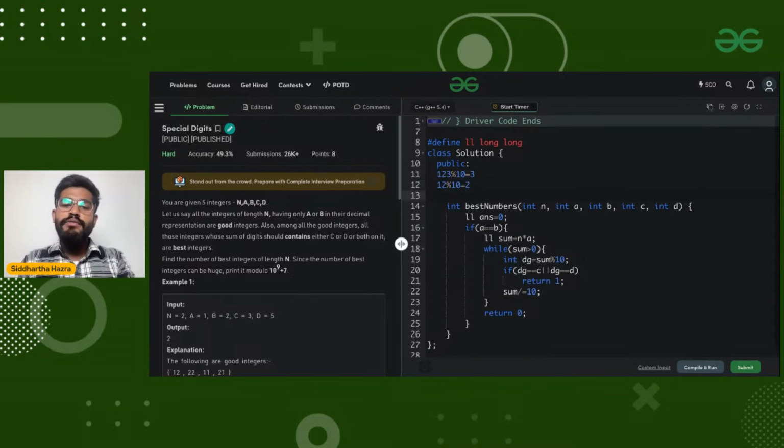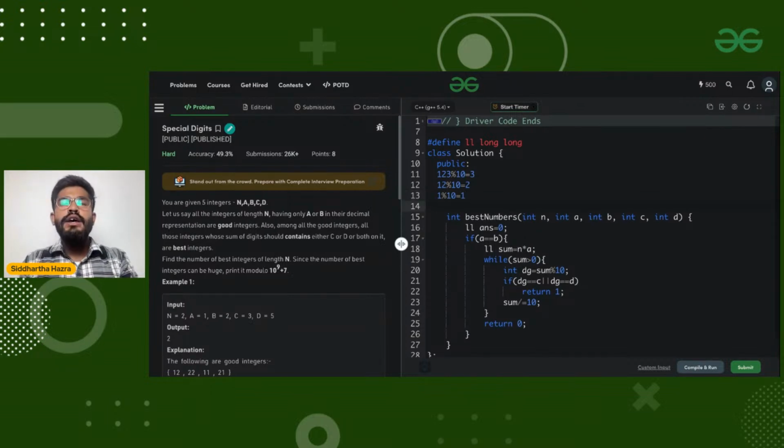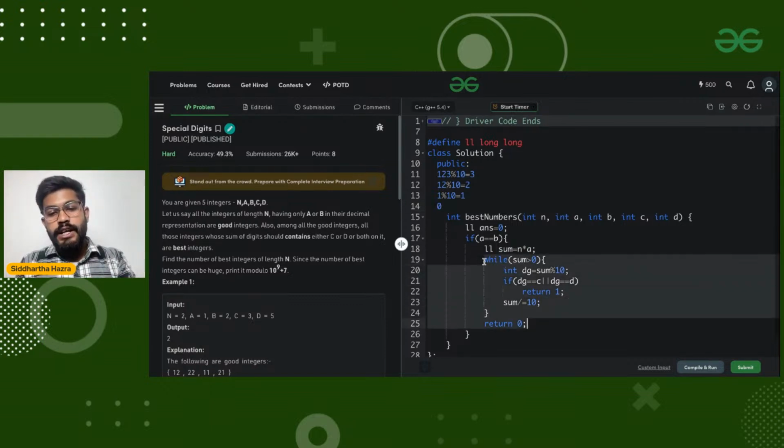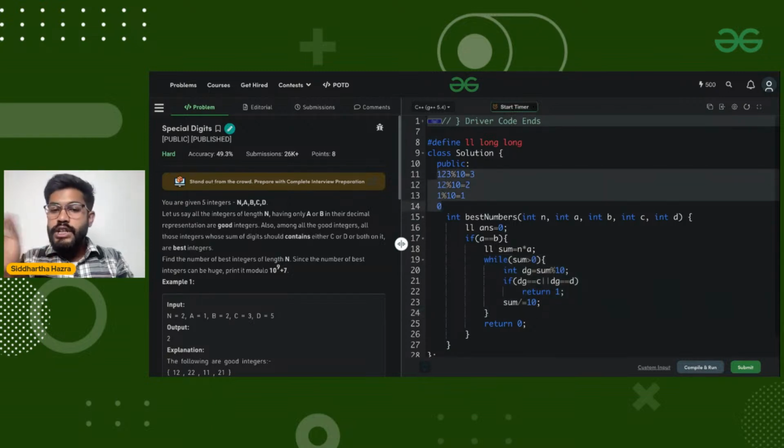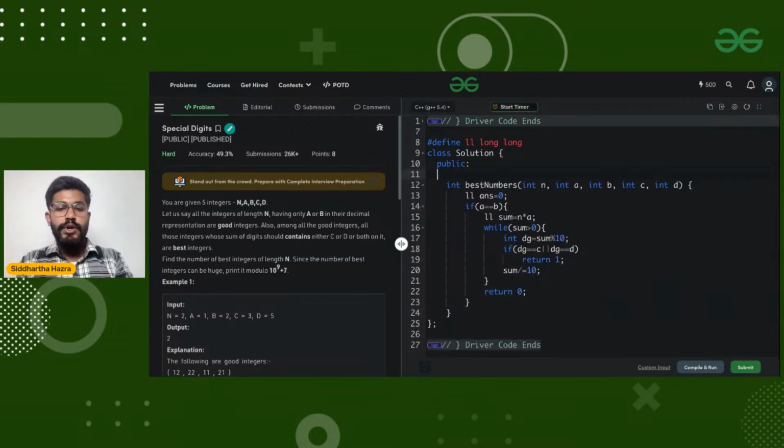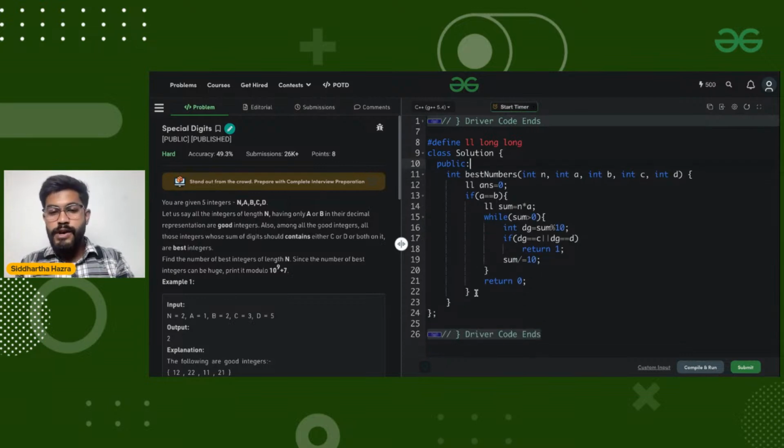Then again dividing by 10, that is 1. 1 modulo 10 would again give me 1. Then 1 divided by 10 is 0. That is why we are iterating till greater than 0. This is how we are extracting the digits from the number at each point. Okay, this was the dry run of this one.